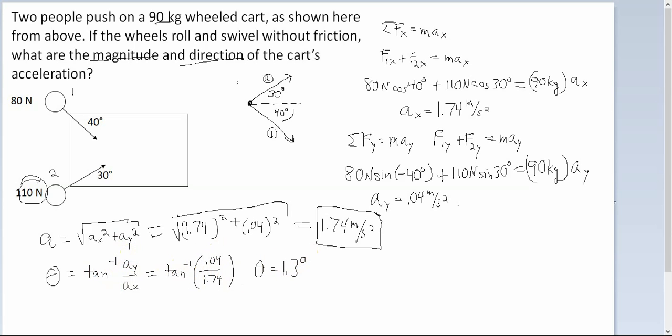And that ends up giving us, when we punch it in, theta equals 1.3 degrees. So in other words, that's a very small angle. The cart is being pushed almost straight from left to right. So that's the direction. And we're done.